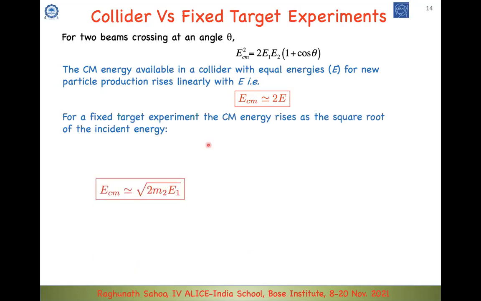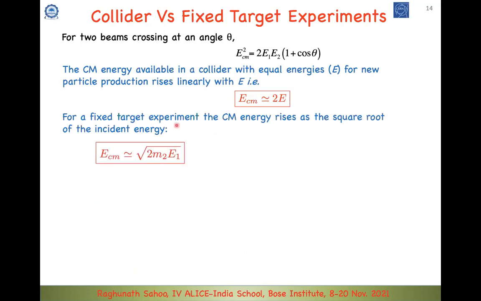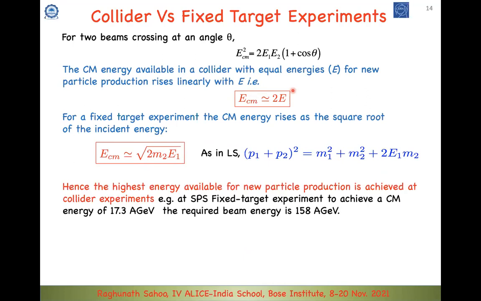And if you calculate for the fixed target experiment, this will be 2E1 root over. That means more energy is available for particle production in a collider in comparison to fixed target experiments. That is what I showed in that slide, using the formula where I showed the cartoons. So the highest energy available for new particle production is achieved in collider experiments.